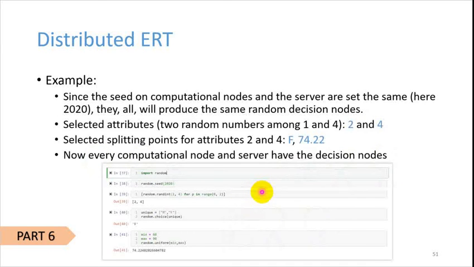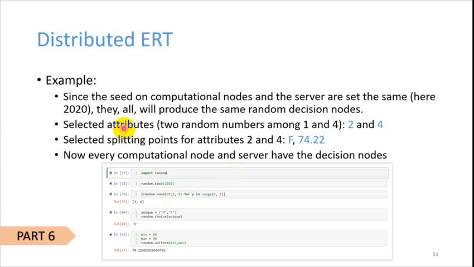So here is an example. You can go ahead and do it by yourself. I did it in Python. I set the seed to 2020, and when I randomly generated the numbers, they were like this.